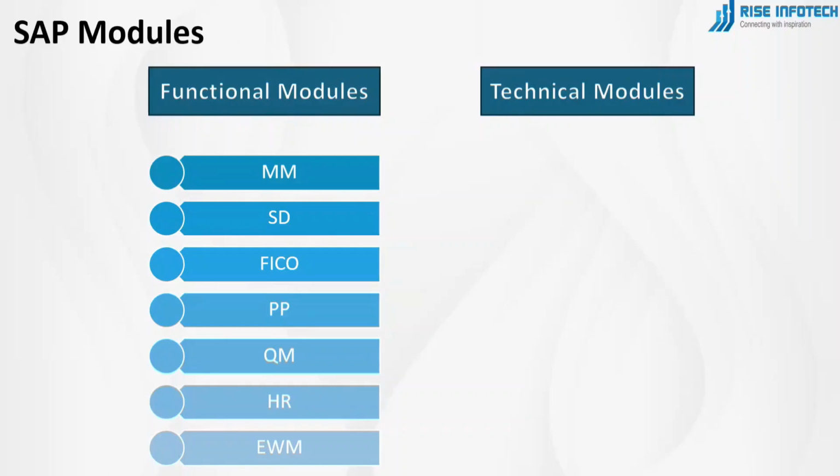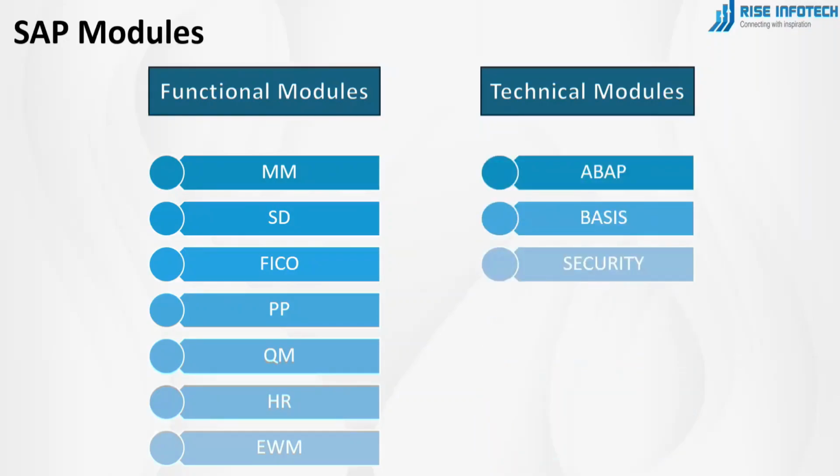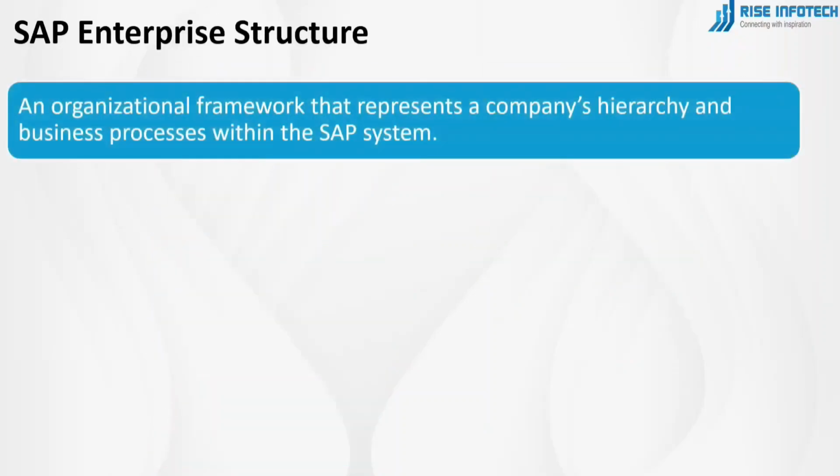That is MM, material management; SD, sales and distribution; FICO, financial accounting and controlling; PP, production planning; QM, quality management; then HR; then EWM, extended warehouse management. In the technical modules, we have ABAP, Basis, and security.